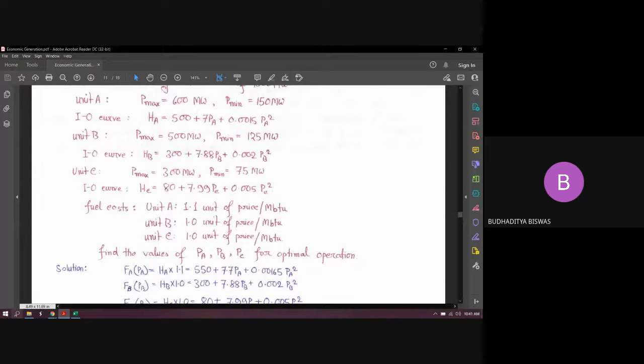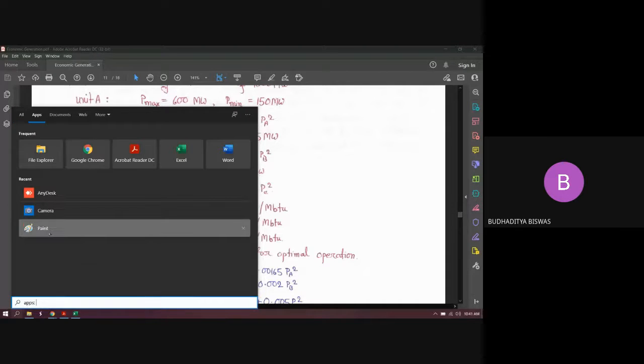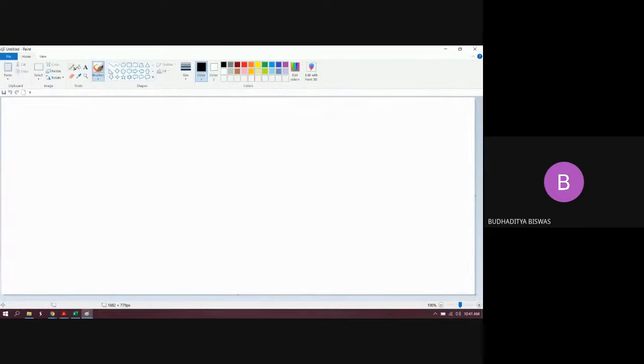So I explain it here. Say 3 units are there and the total load demand is 1000 megawatt.